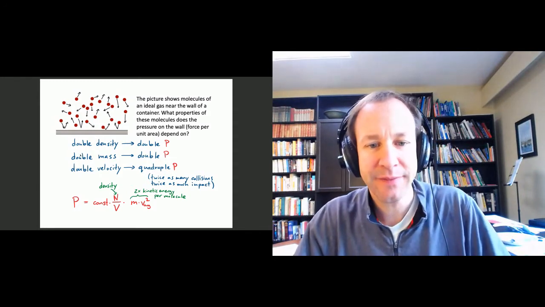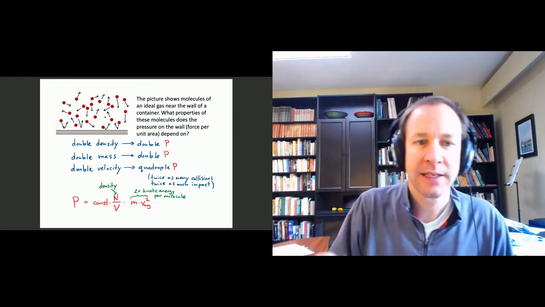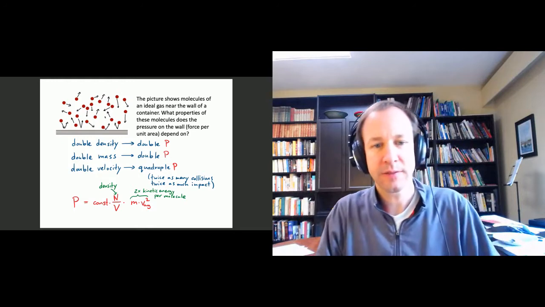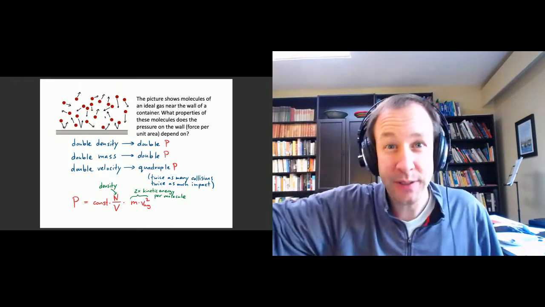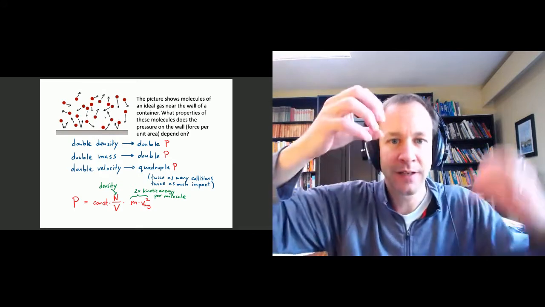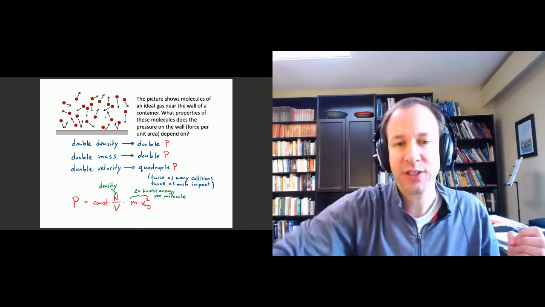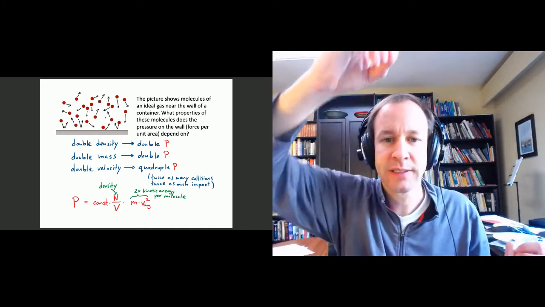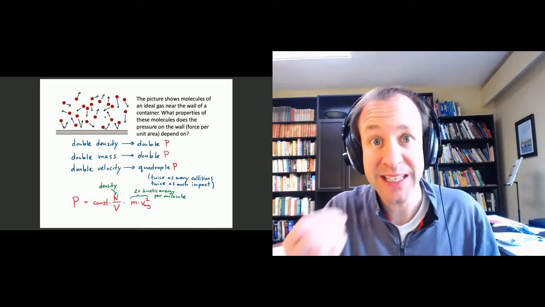Okay, similarly, if I double the mass of these molecules, what it really does is it doubles the momentum of these individual molecules. And then when you have a collision and the momentum reverses, you're going to double the change in momentum associated with each collision.